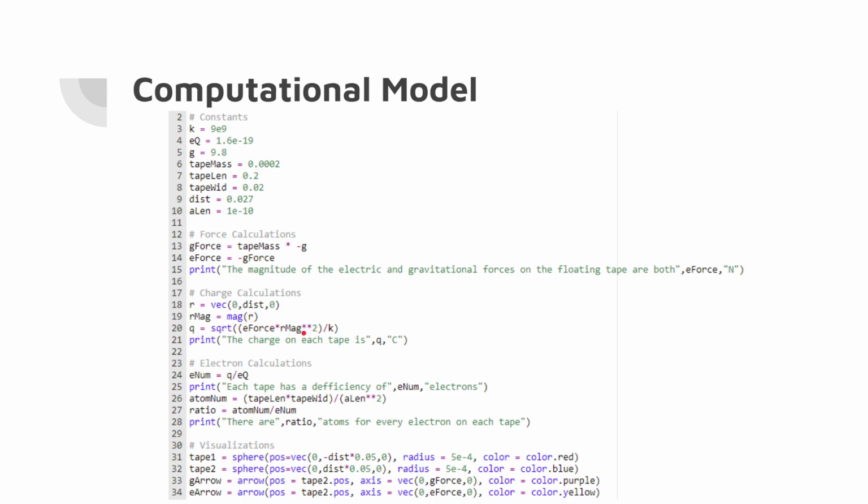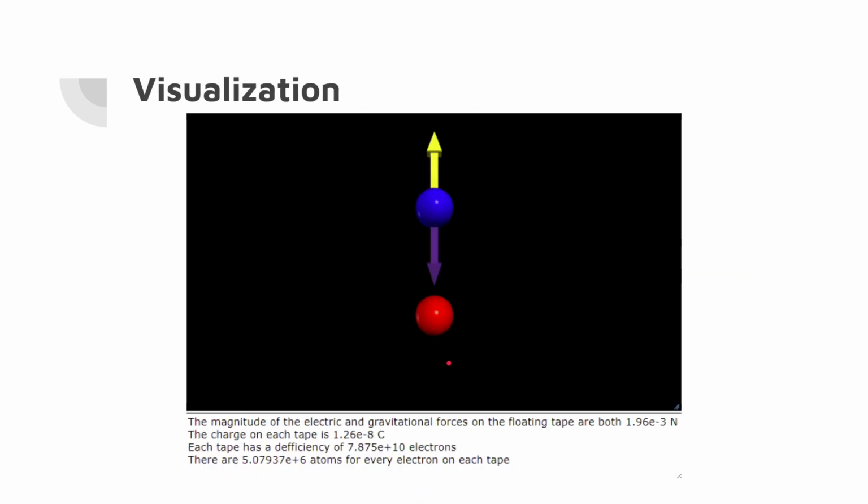We got our number of electrons thanks to the charge, number of atoms, and ratio of atoms to electrons. And our visualization here, we got our held tape right here. We got our suspended tape, electric force, gravitational force. The magnitude of both of those forces are equal. Charge on the tapes, deficiency in electrons on each tape, and number of atoms per electron in each tape.